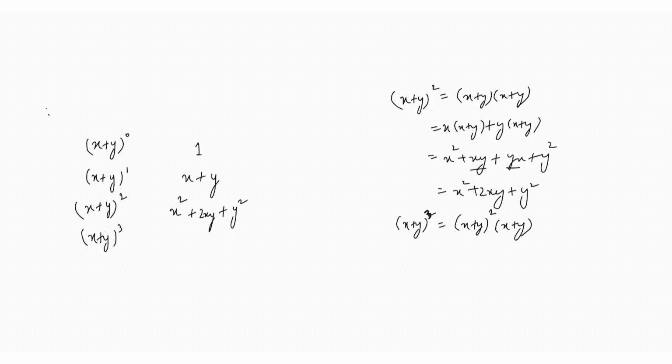Yes, from this step. And then this x plus y is still pending. I'm writing it here. Any doubt till here? Now you open this bracket and tell me in the simplified form what is x plus y whole cube. Try this, please.